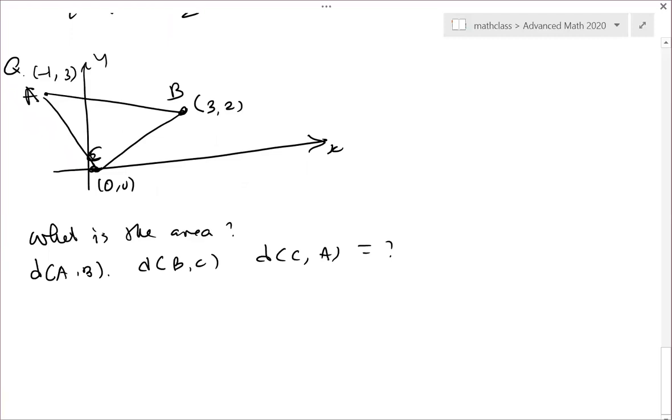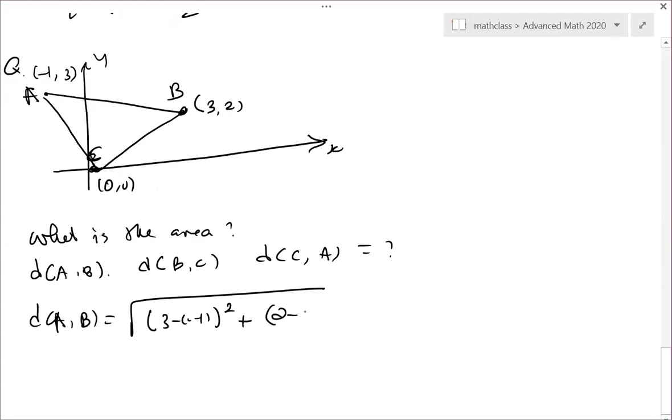But the third side length will probably not be a good number. Let's look at A and B. A and B is the difference of the x coordinates, which is 3 minus -1, right? And the difference of the y coordinates, 2 minus 3. So what I got is 4 squared plus 1 squared, 17.